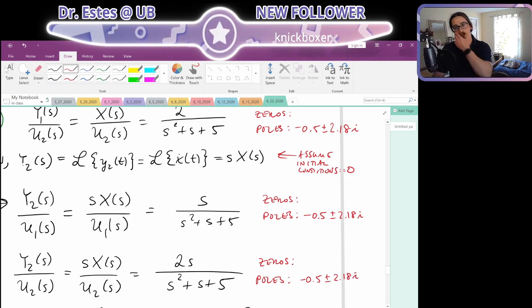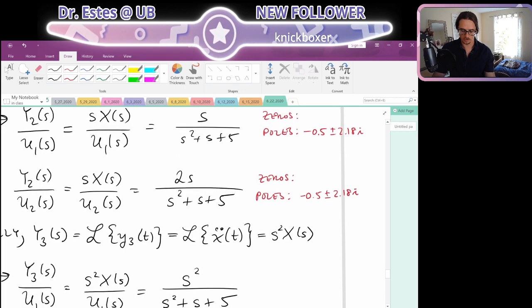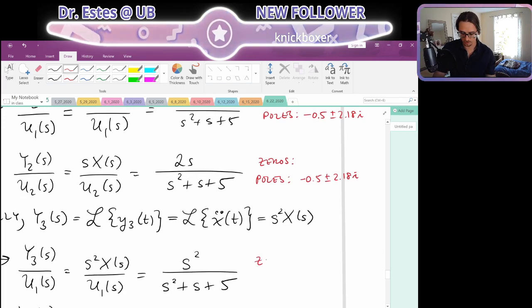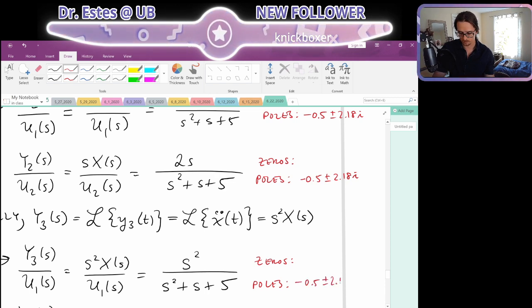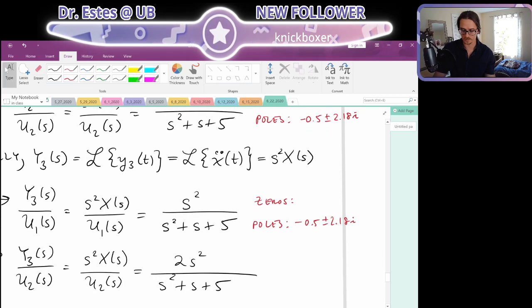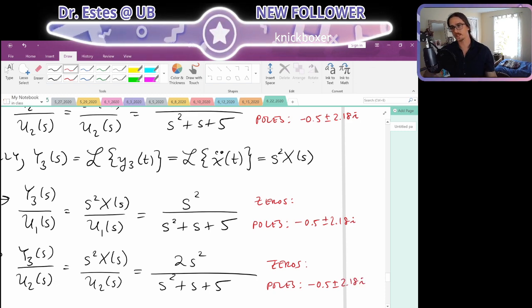Because how do you get the characteristic equation? It comes from the homogeneous part of the differential equation. That doesn't depend on inputs, and it doesn't depend on outputs. So you could come up with any input-output combo. It's not going to change the underlying characteristic equation, and that means every transfer function you make should have the same denominator.